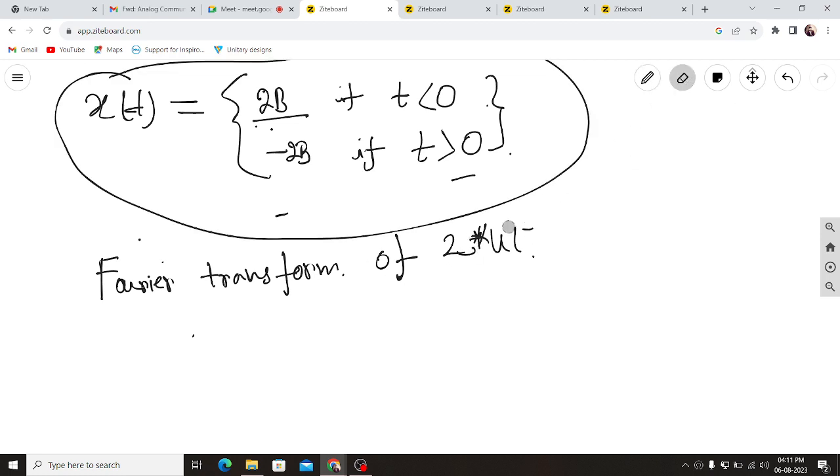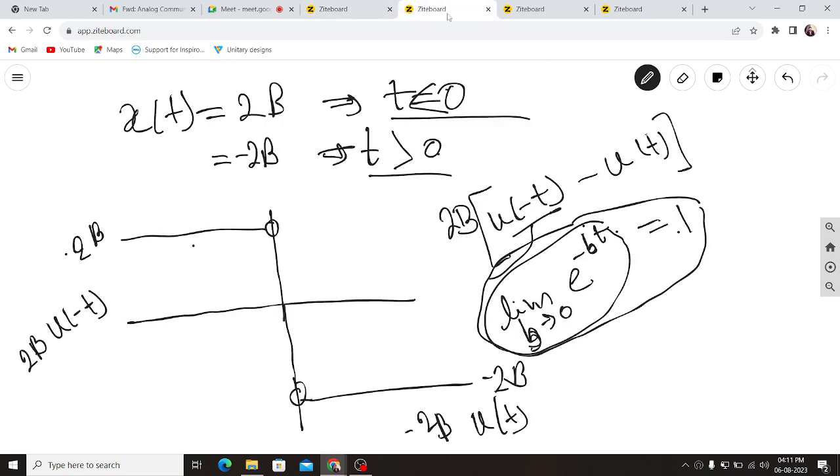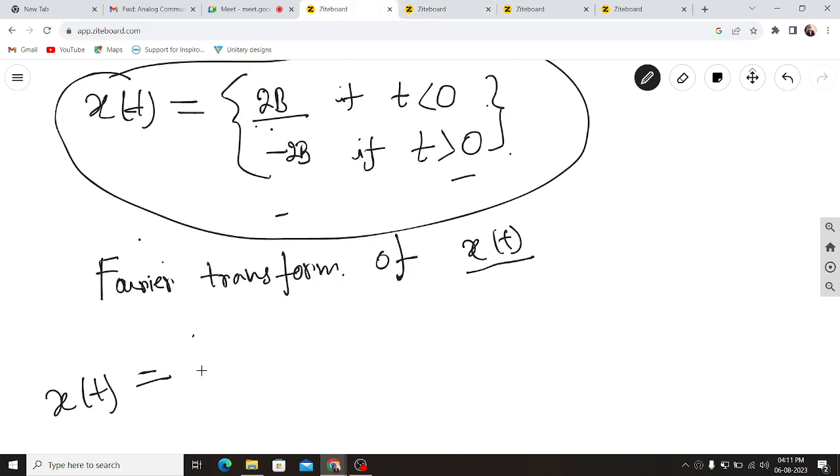First, we need to calculate the Fourier transform of x(t). How did we represent x(t)? According to the previous question, x(t) is equal to 2b u of minus t minus 2b u of t multiplied by e to the power minus bt. So let us write it once again.